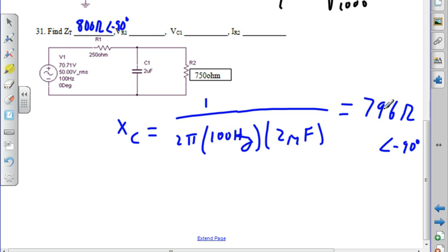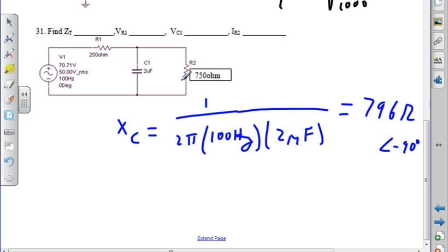But I'm going to use 796 in all my calculations, even though I'm going to call my final answer 800. And I'd put a bar above the 0 to indicate I have 2 significant digits in my answer. Or not, depending on how you look at it. Okay, now, that was stupid. Erase that. All right, that's only X of C.